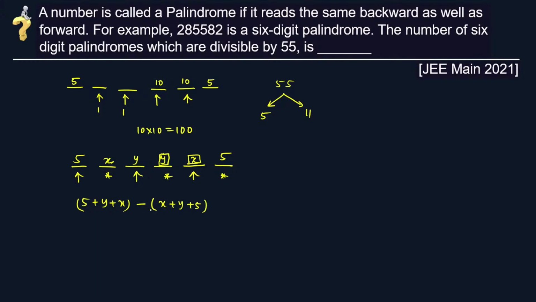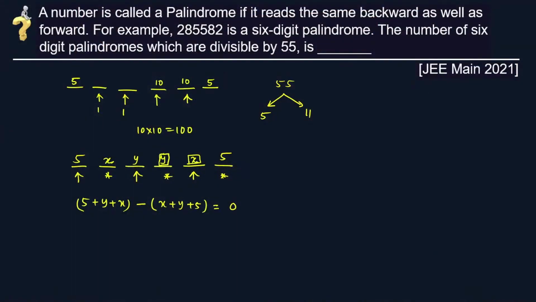Now, if you subtract these two, you have to get a number which is a multiple of 11, and in this case, we are getting 0. It means that in place of x, you can put any digit you want, 0 to 9.